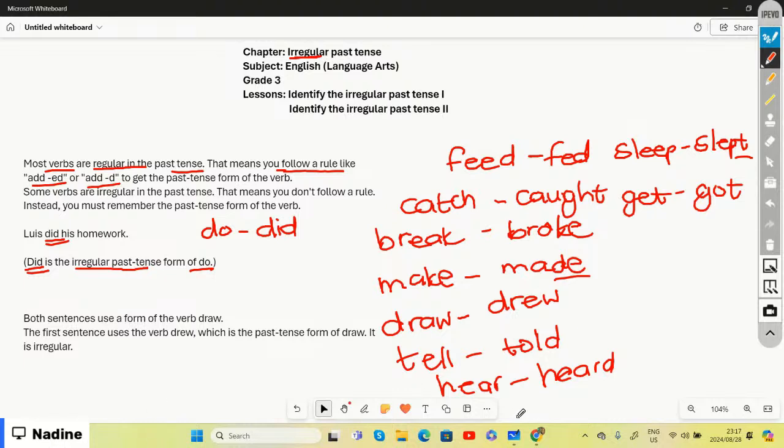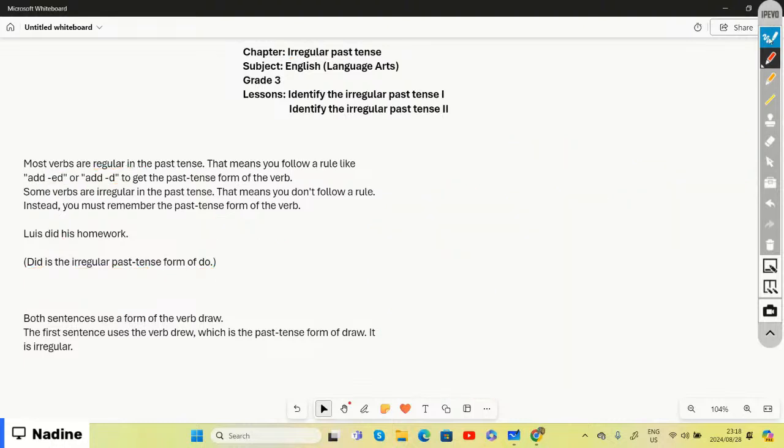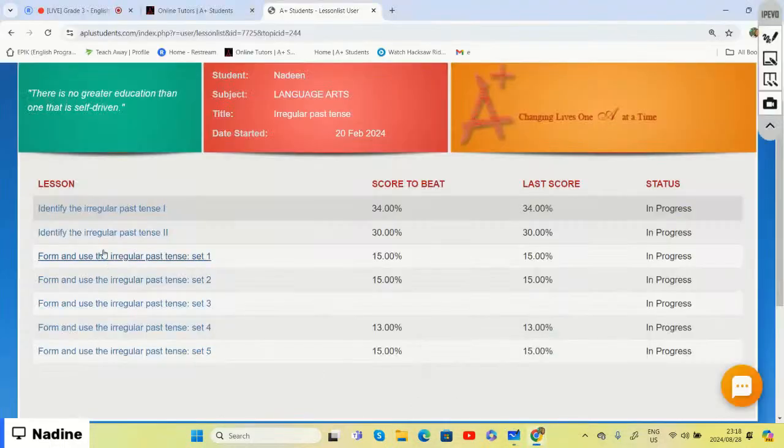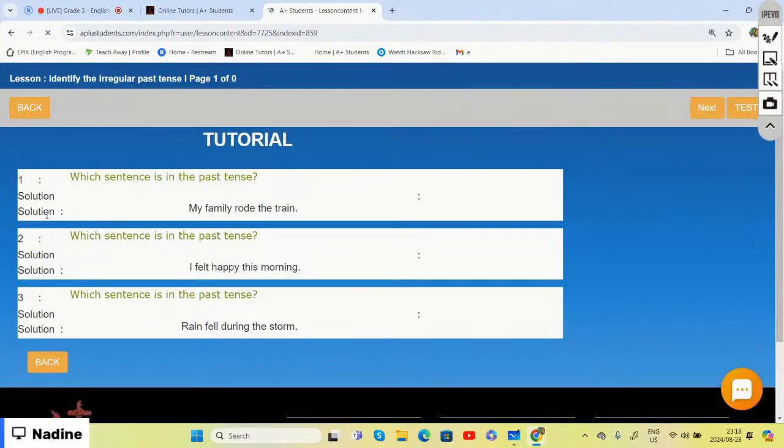All right, so now we're going to aplusstudents.ca, and we're going to go over the first lesson, which is to identify the irregular past tense.